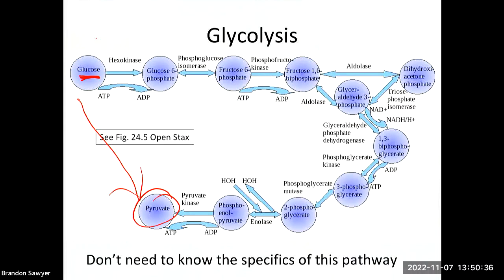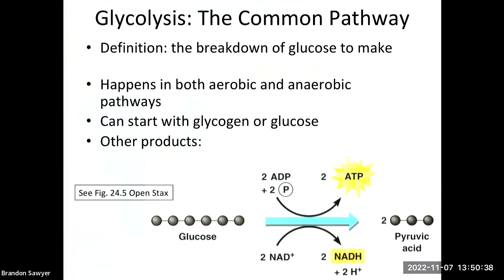This is the common pathway of both the glycolytic system and the aerobic system when we're using carbohydrates. So again, the definition is the breakdown of glucose to make pyruvic acid, aka pyruvate.